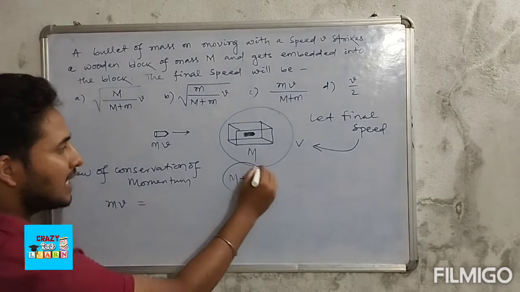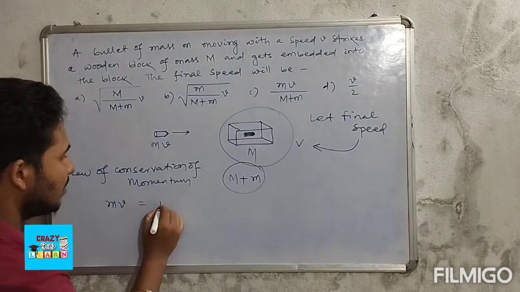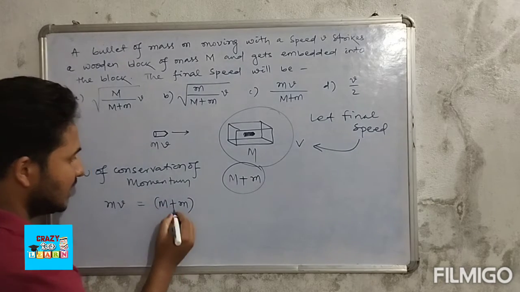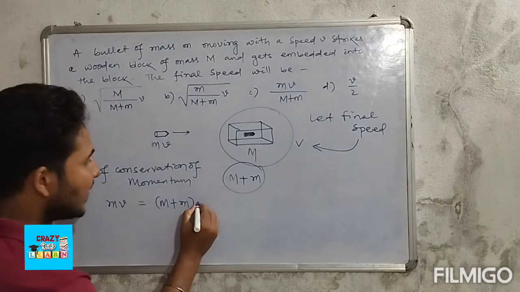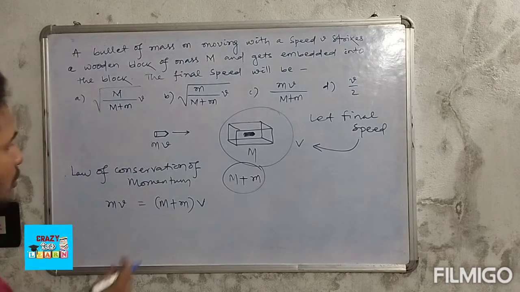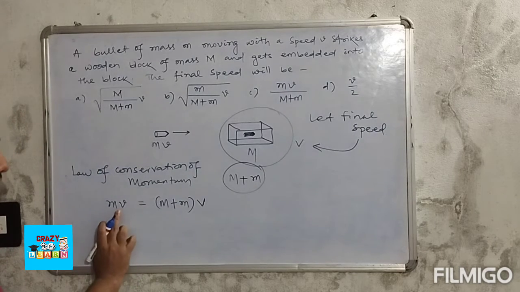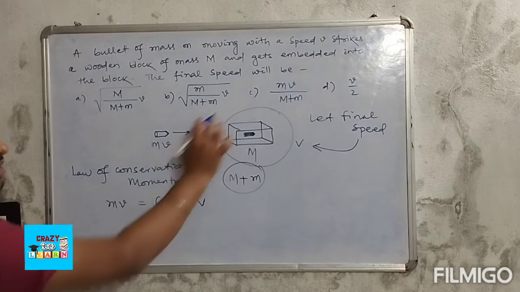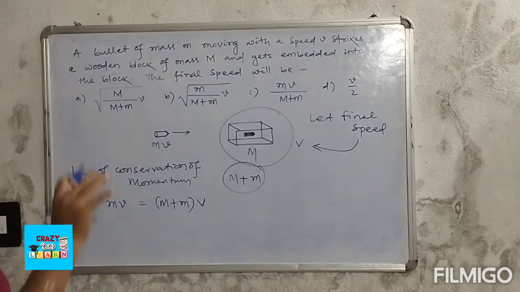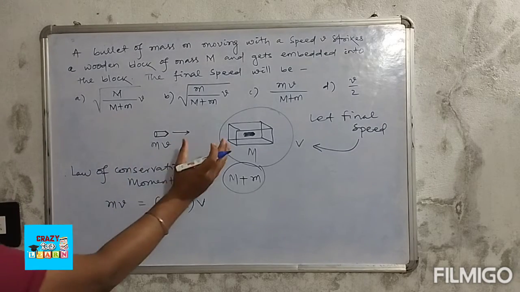The total mass times velocity. The total mass is the total mass of the system, so capital M plus small m, times the final velocity capital V. To distinguish both velocities, I have written small v and capital V. Small v is the velocity of the bullet and capital V is the velocity of the total system. System means the wooden block with the bullet embedded inside it. It is the second system.